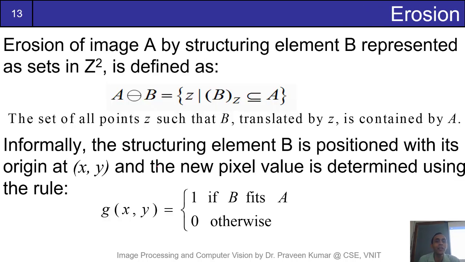So for the erosion operation, formally speaking, erosion is defined between two sets A and B, where one of them will be your original image. Let us say A is your original image I, and B is your structuring element.